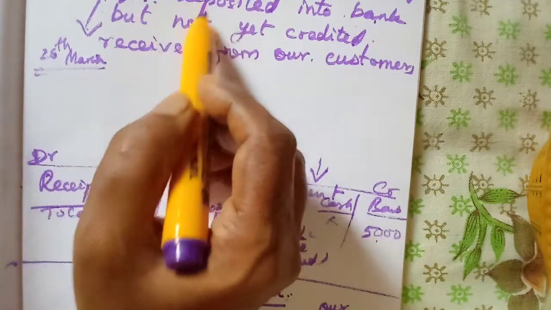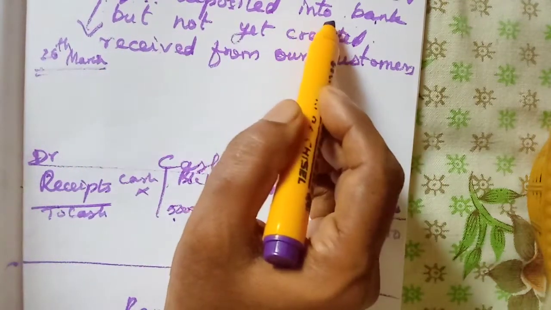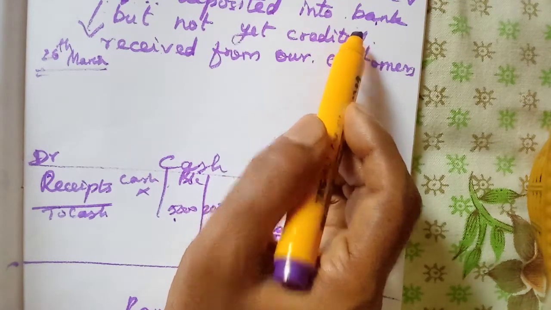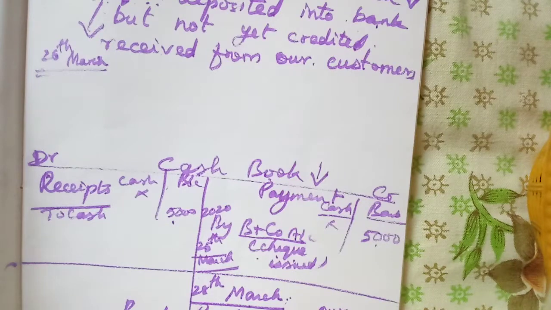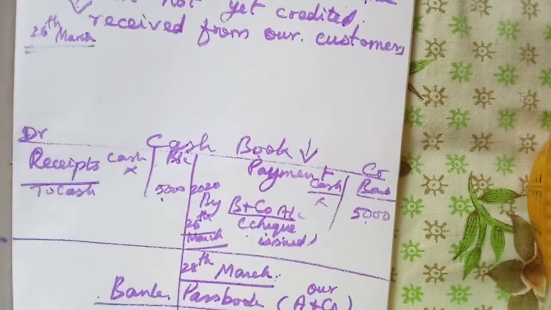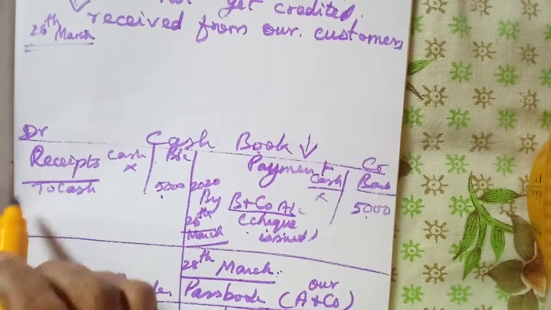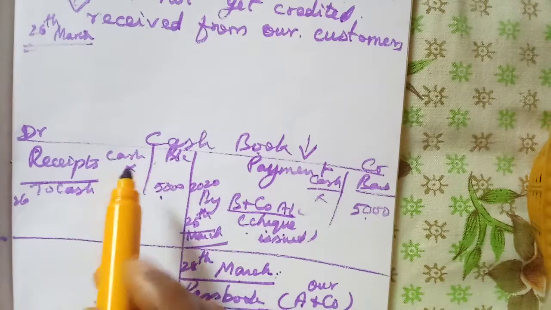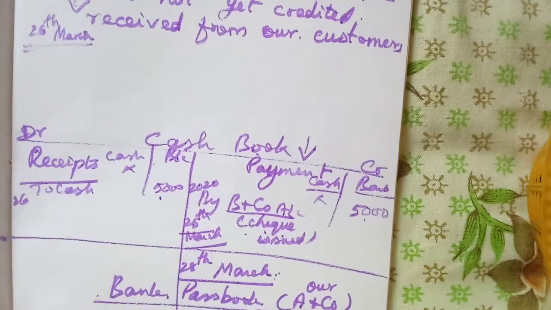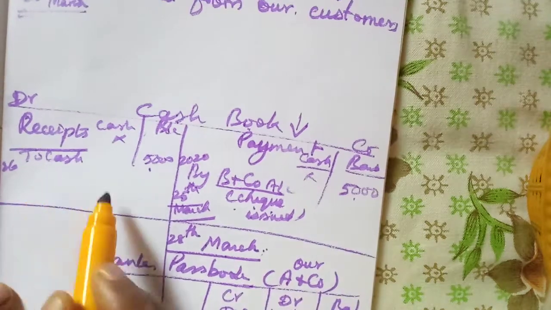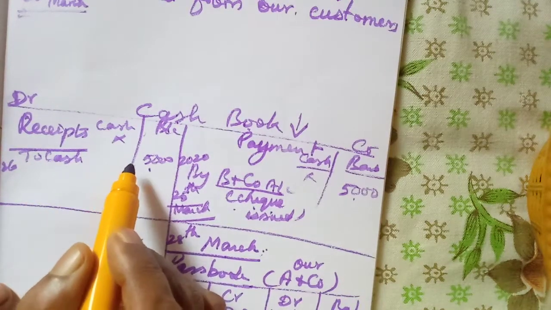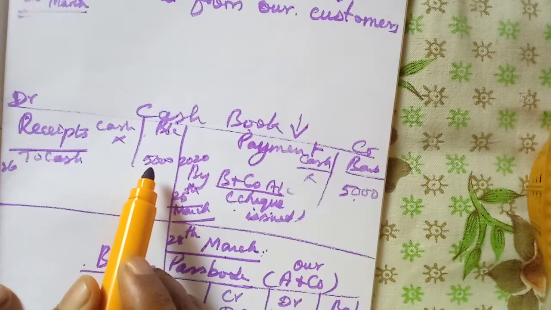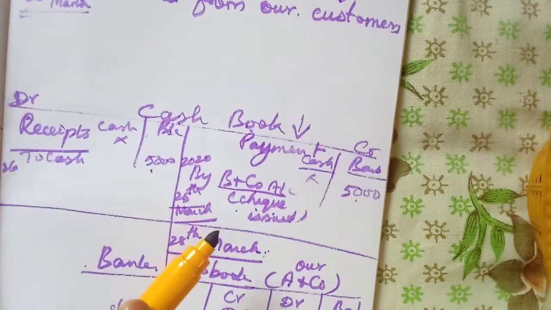They will send those checks to the concerned bank. We have entered on 26th March. Then these checks we are sending to the bank, isn't it? These checks will go for collection.